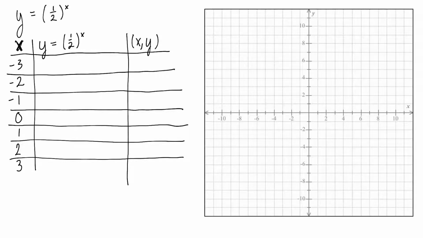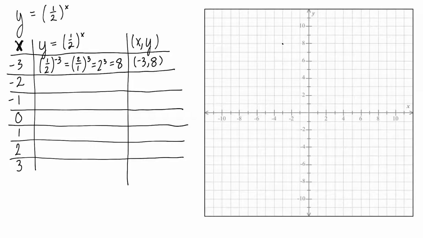So with -3, we have 1 over 2 raised to the -3. If you have a fraction raised to a negative exponent, that's the same thing as just flipping the fraction and making the exponent positive. So this is 2 over 1, which is just 2, so 2 raised to the 3, that's 8. So we have the point -3, 8.